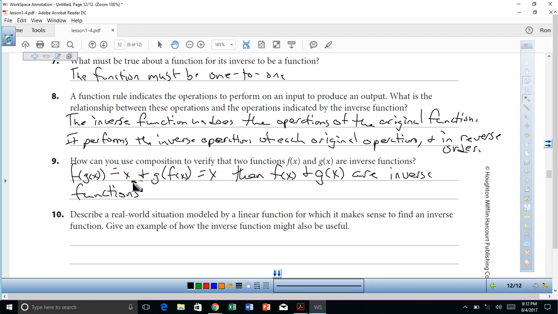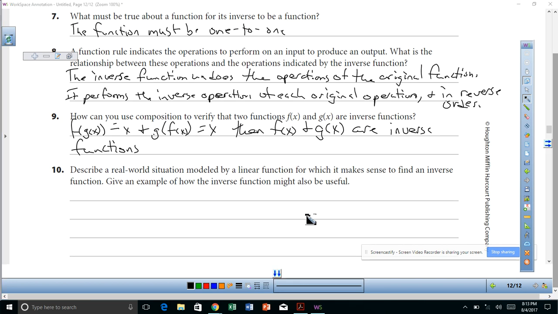Describe a real-world situation modeled by a linear function for which it makes sense to find an inverse function. Give an example of how the inverse function might be useful. Grapes are $1.80 a pound at the grocery store.